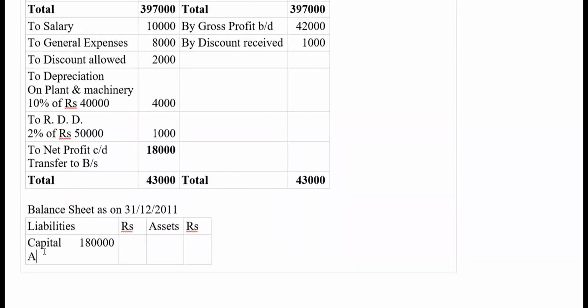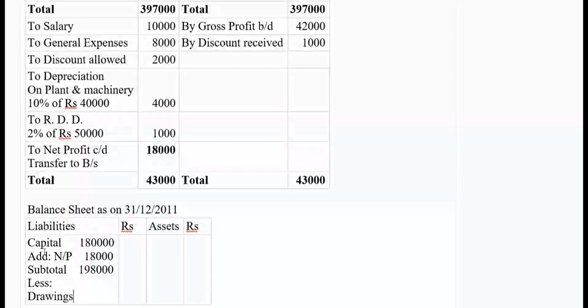To this add net profit. We have found a net profit of rupees 18,000. So the subtotal will now be 1,98,000. Less drawings. Drawings are rupees 5,000, which are given in the problem. So the difference comes to 1,93,000.